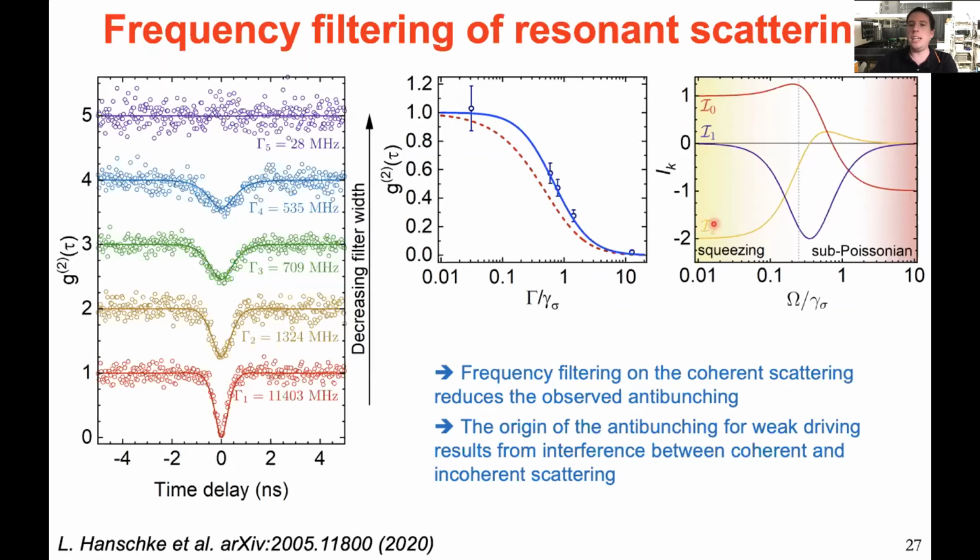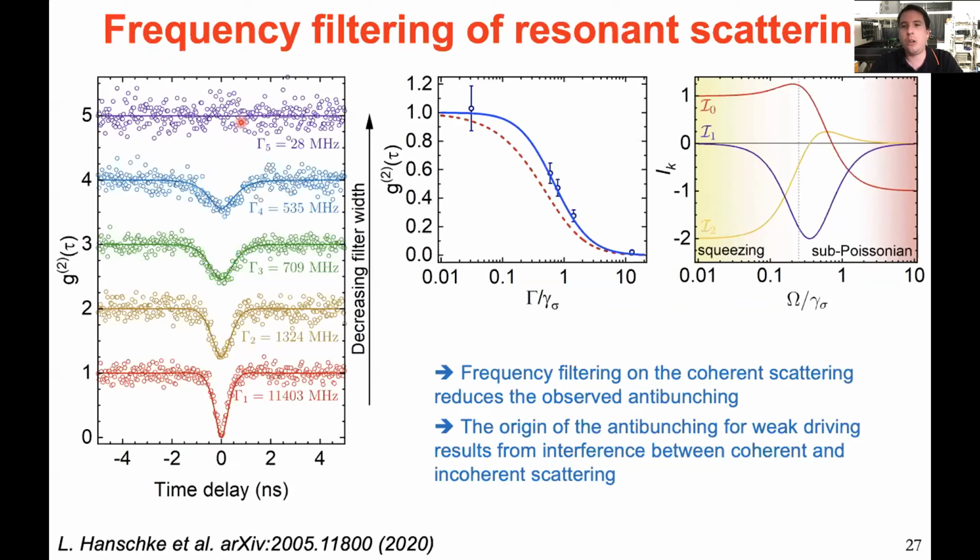But at weak driving, anti-bunching results from the interference of the coherently scattered part with a squeezed state of the anomalous part. And what the frequency filtering does is that it affects this balance of interference and results in the anti-bunching vanishing.